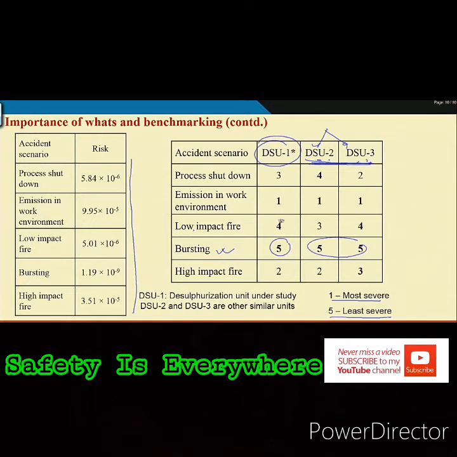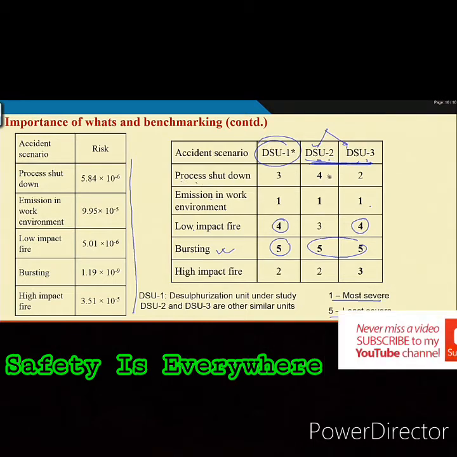From this scenario point of view you are best, from this scenario point of view all are equally worst, from this scenario point of view DS2 is the best, and from this scenario point of view DS3 is the best. So, if you know what DS2 and DS3 are doing with reference to this and this, you will be in a better position to reduce the risk. Process shutdown risk can be reduced up to the risk of this unit, and high impact fire can be reduced up to this unit.